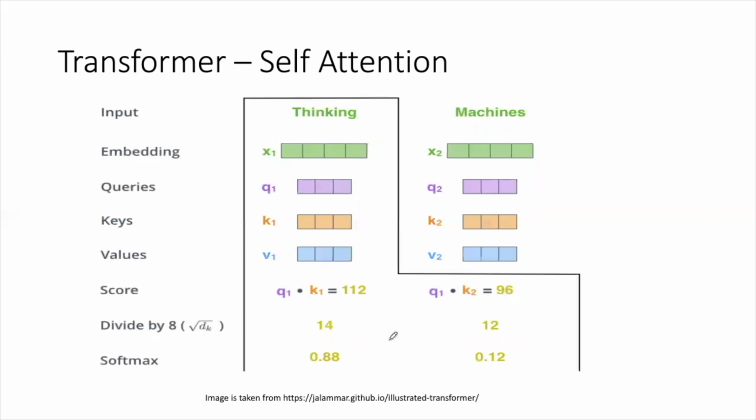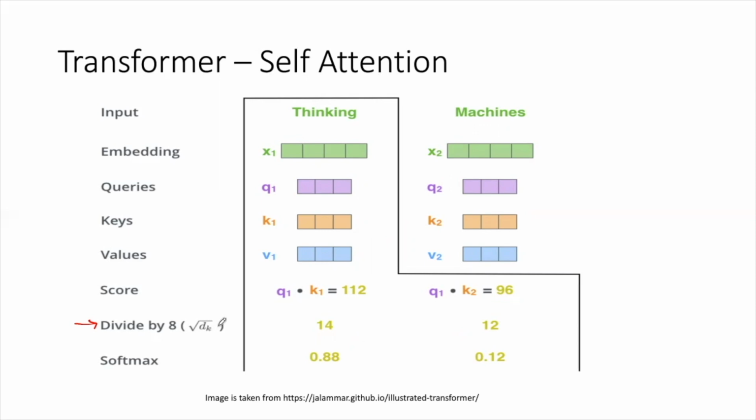So once we find out these relevance scores, at this stage we also divide by a constant. This is typically the root of the dimensions of the input. The reason that we do this is in case our dot product leads to large values.